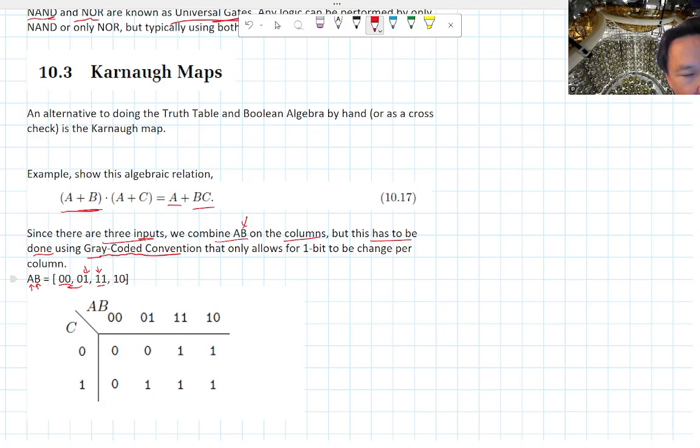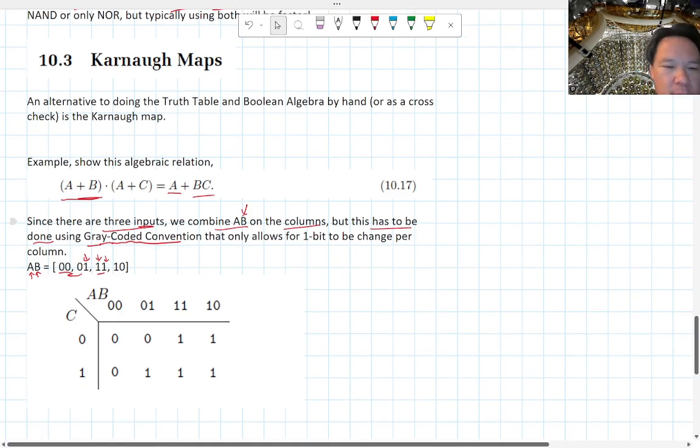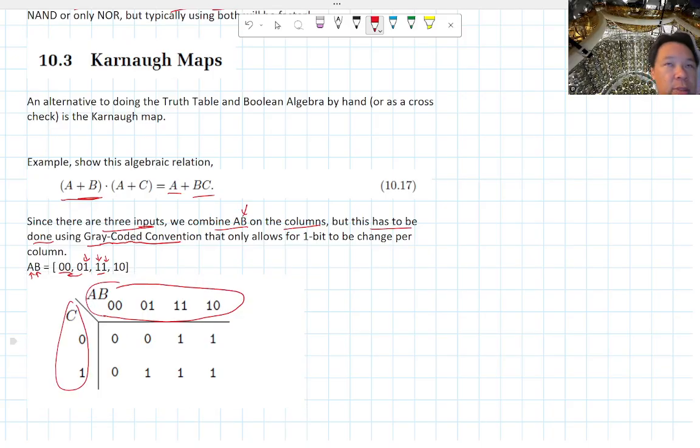To get to the last possibility, I have 0, 0, 0, 1, 1, 1, so I need 1, 0. I flip the B bit to 0, and that covers all 4 possibilities following the Gray-code convention. That's the top row for A, B, and then C can be either 1 or 0, so there are 2 rows here.